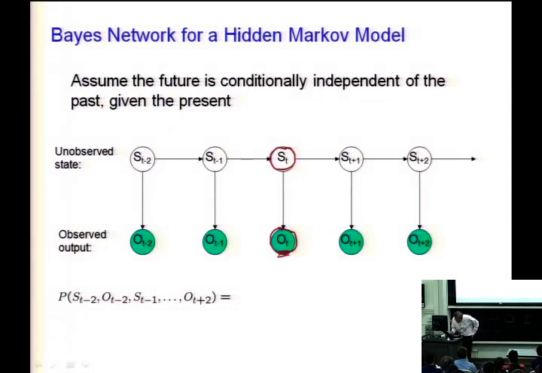What about ST? ST is conditionally independent of something given its immediate parent, which is ST minus 1. What do I fill in the blank here according to our rules?